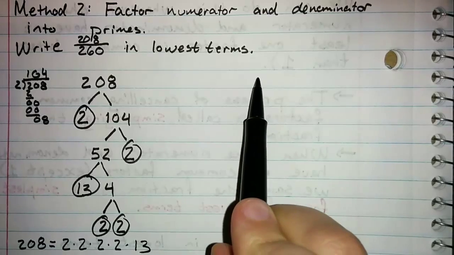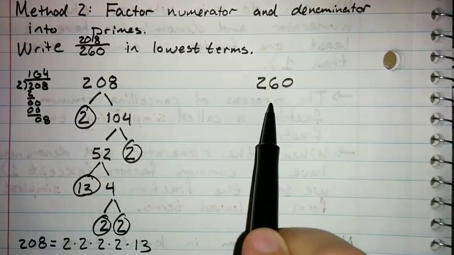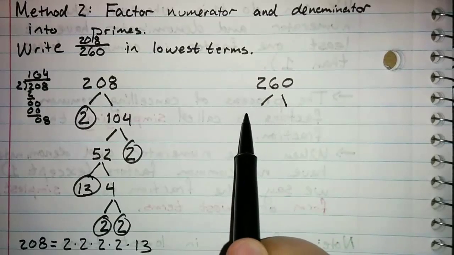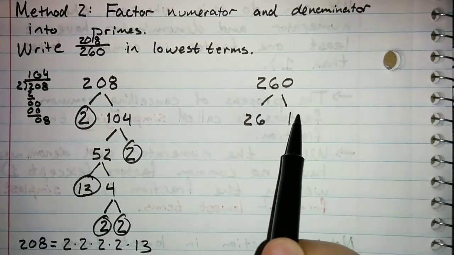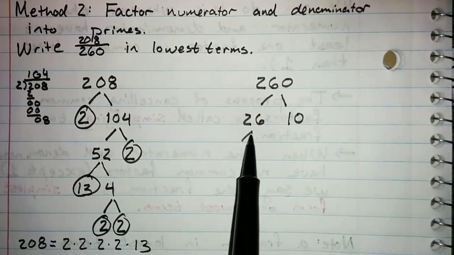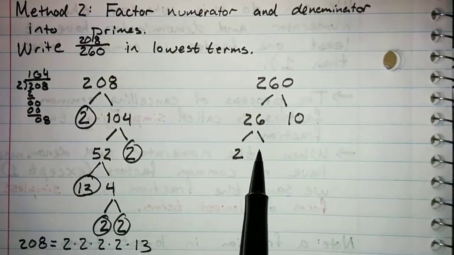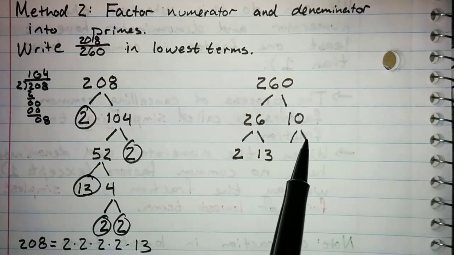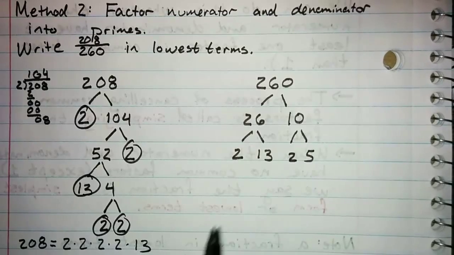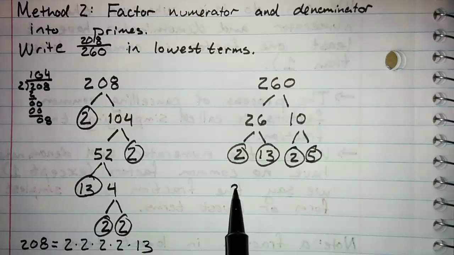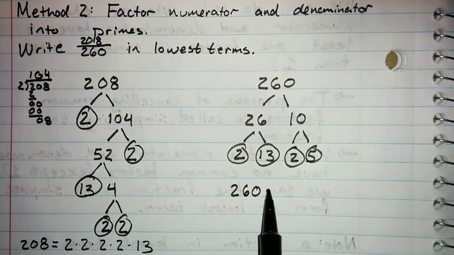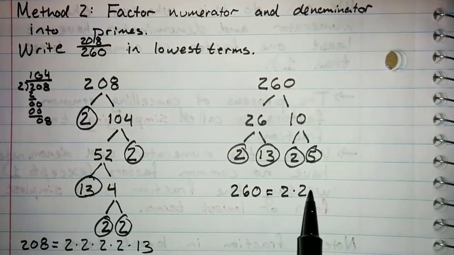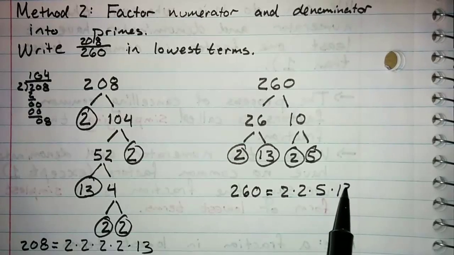Alright, how about 260? The most obvious way to factor this is it's 26 times 10. 26 is 2 times 13, and 10 is 2 times 5. So 260 is 2 times 2 times 5 times 13.